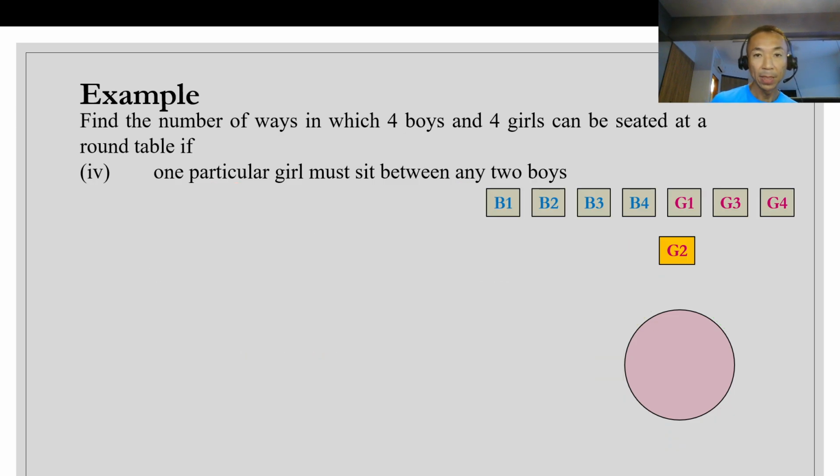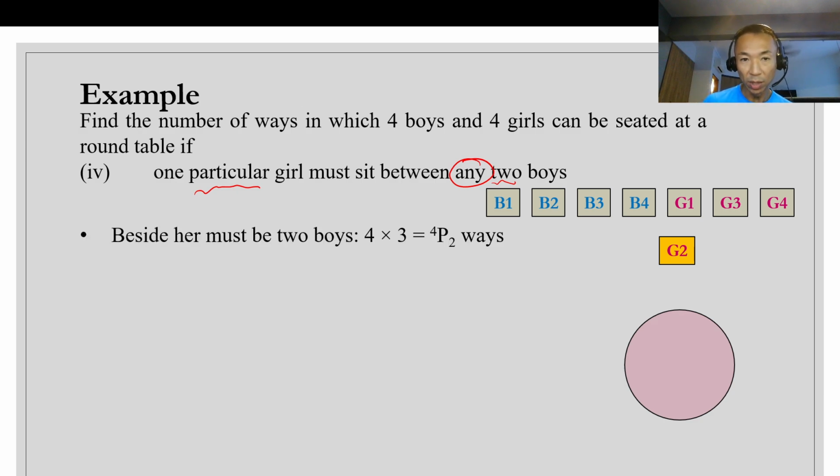Next, last part. Now you want one particular girl to sit between any 2 boys. So this time it's just this special girl, but the 2 boys can be anybody. Beside her must be 2 boys. What you can do is take 4 ways for the left hand side and 3 ways for the right hand side. Or you can take 4P2. These 2 are exactly the same. Out of 4 boys, you permute 2.